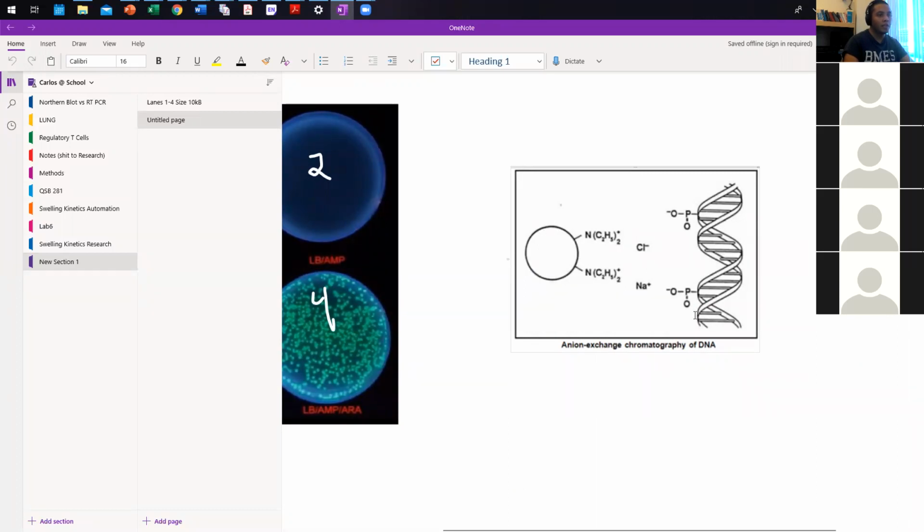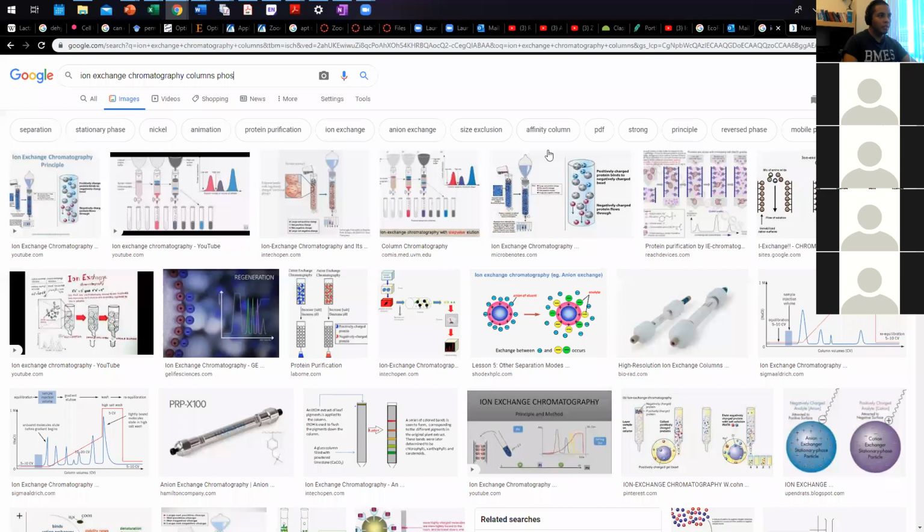You want all the DNA and only the DNA to stick to it, so you want it positively charged. That way, anything that's not negatively charged won't bind to it. Negative and positive are opposites, so you get a good reaction. And then the ion exchange process.